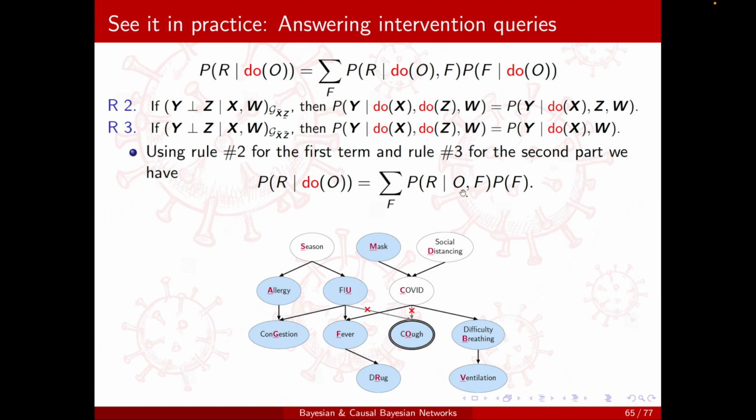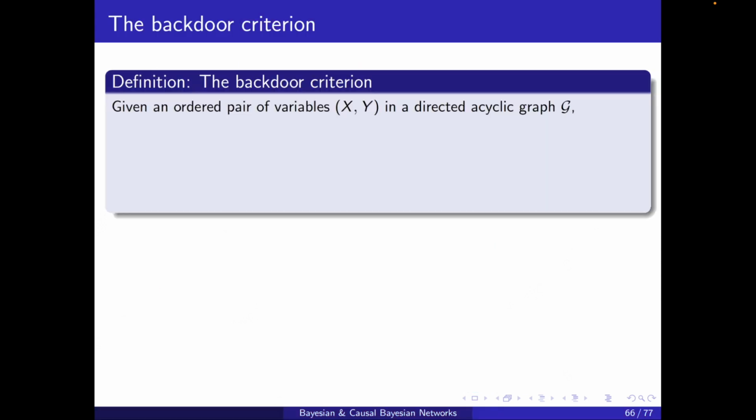All these ones, O, F, and R, are observed, so it was identifiable. But this whole process can be put in a compact way, the so-called backdoor criterion, to formulate it and to use it in other situations as well.